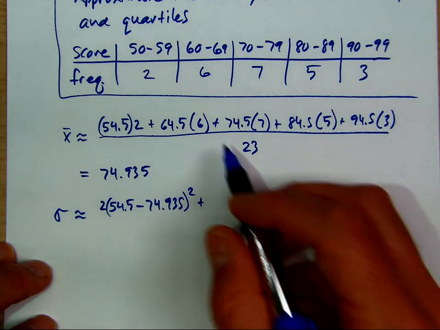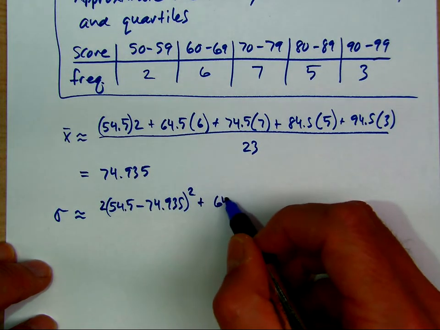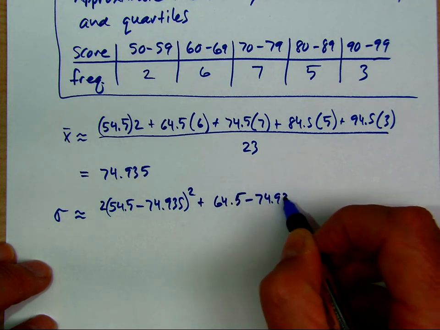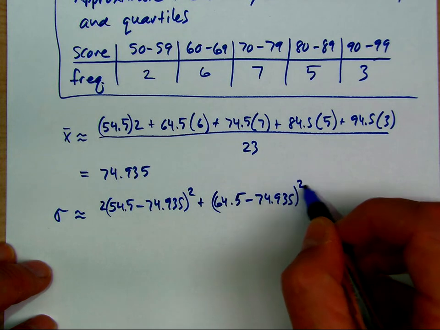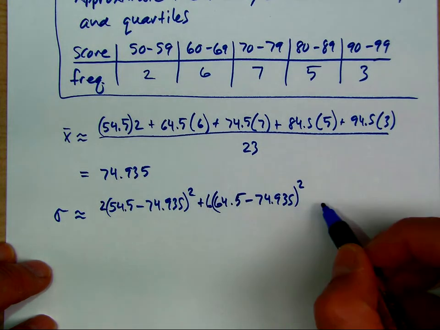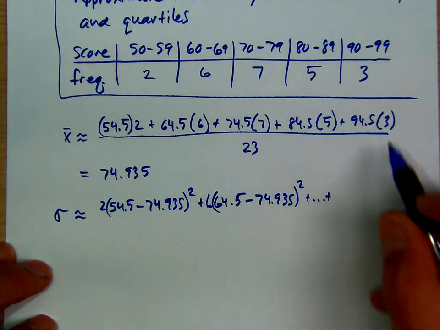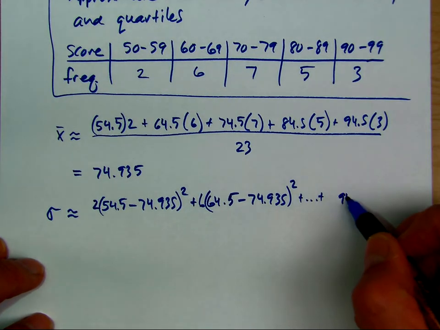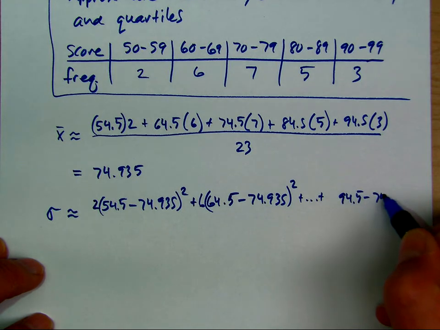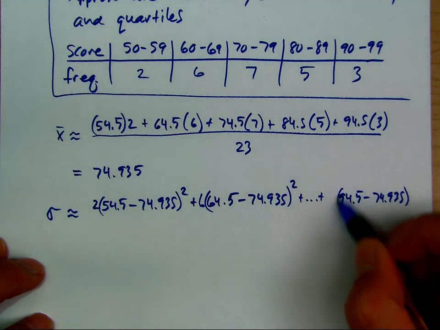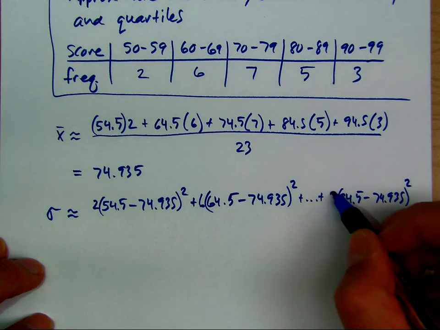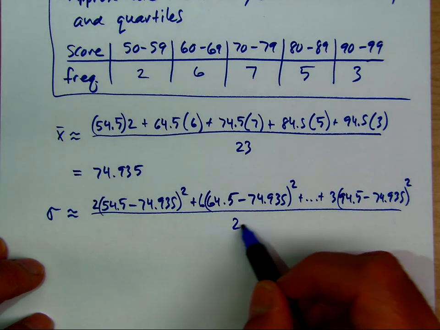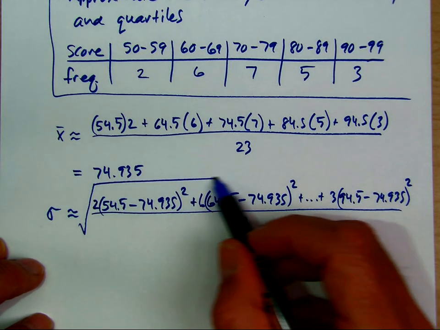And then we take the next mid-interval value minus the mean, and we have this happening 6 times, all the way up to 94.5 minus the mean, and that happens 3 times. We're going to divide it by 23, and we have to take the square root.